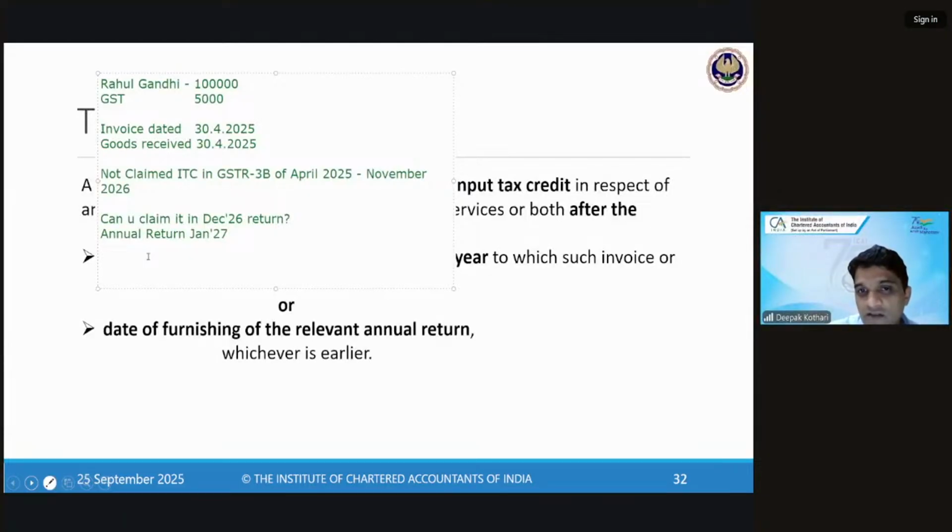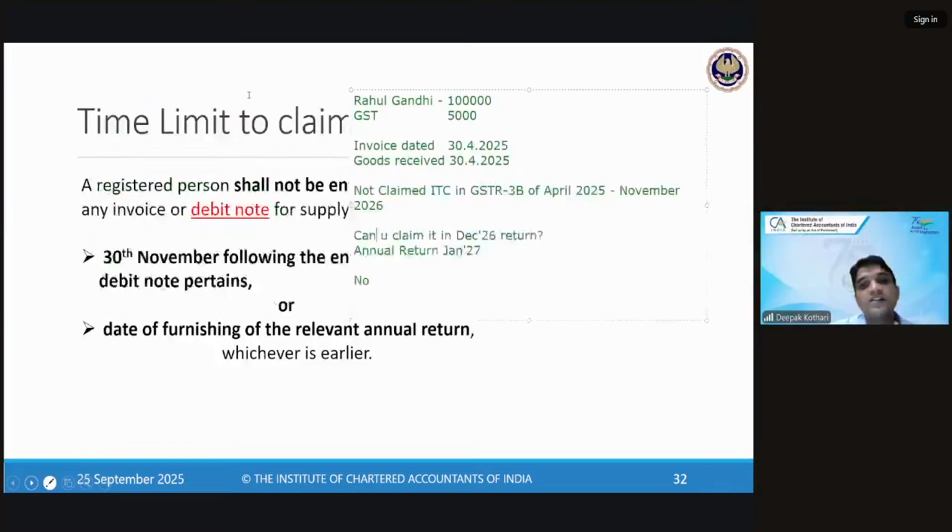Because the annual return you have filed late, no? So before that you can claim it. No, you still cannot claim it because the last date to claim the ITC, as we had discussed, look here, 30th November, or the date of furnishing annual return, whichever is earlier, not whichever is later, right? So you can claim it maximum by 30th November. If the return is filed earlier, the date moves forward, but it will not go backward.